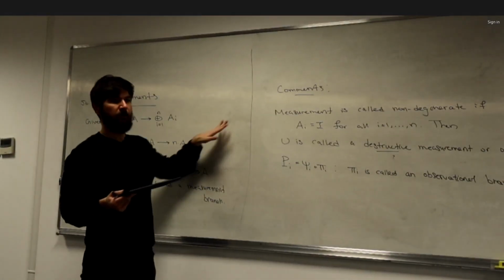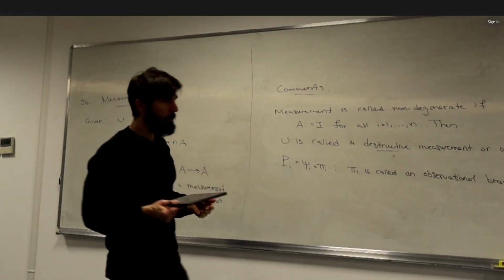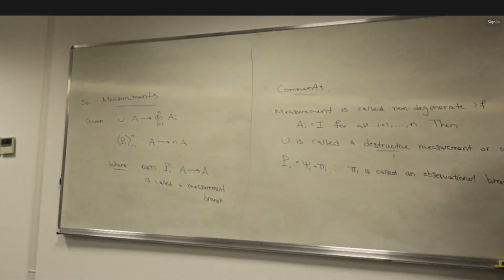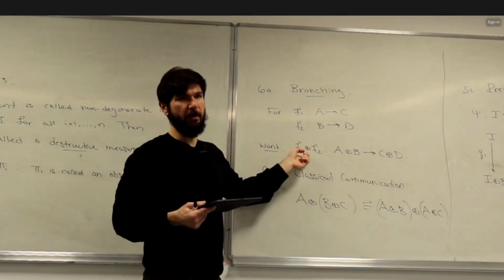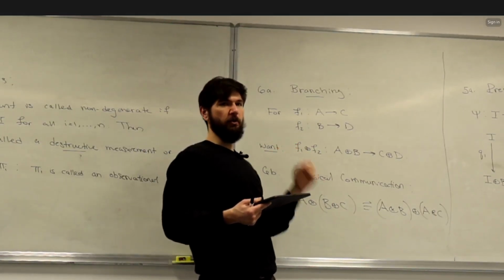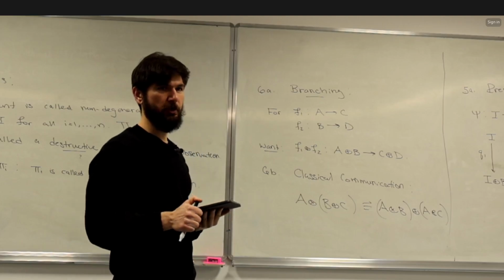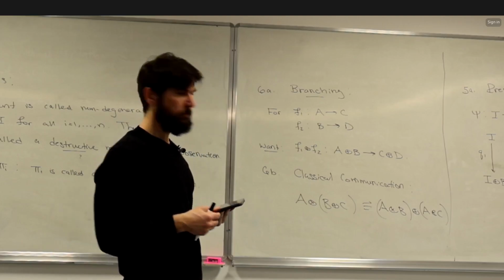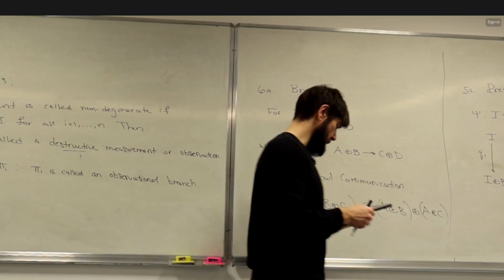So there's n different possible directions that this could go. And once I've applied such a measurement, I might want to actually apply a different morphism depending on which branch you're in. And so you have this sort of structure. Yeah. Okay.